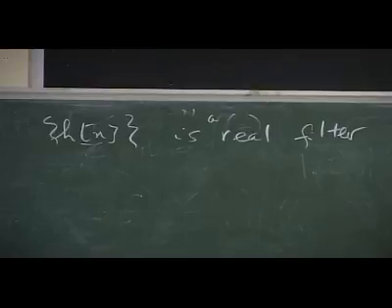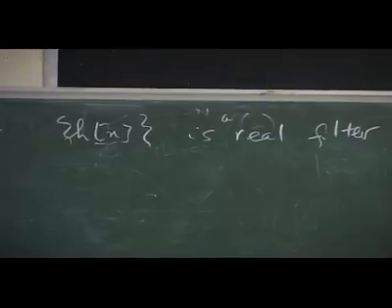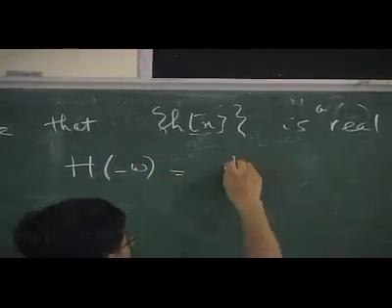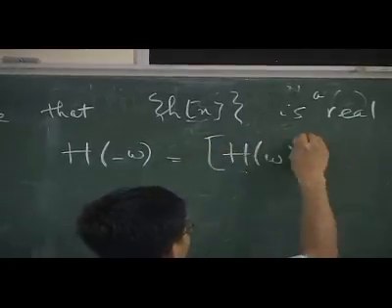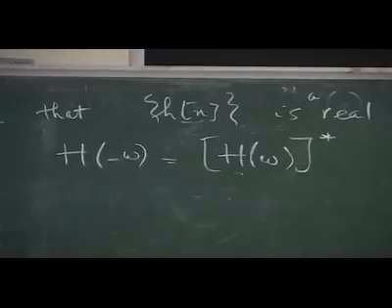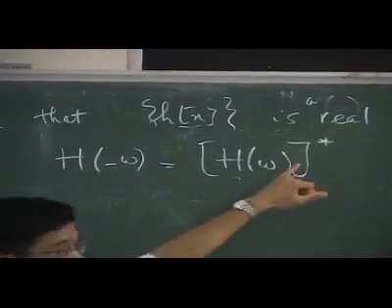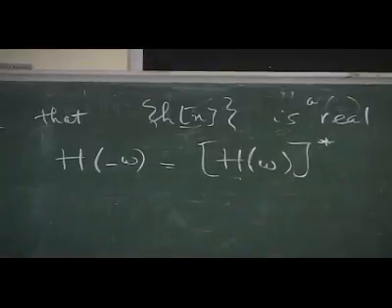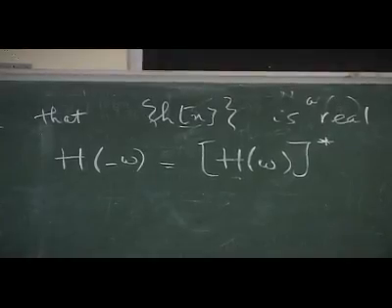Then it's not hard to show that H of minus omega is simply equal to H of omega, but you take the complex conjugate. Is everyone alright with this complex conjugate notation? You've seen this notation before. So what we have here is a complex number plus its complex conjugate, because this is the complex conjugate of that.